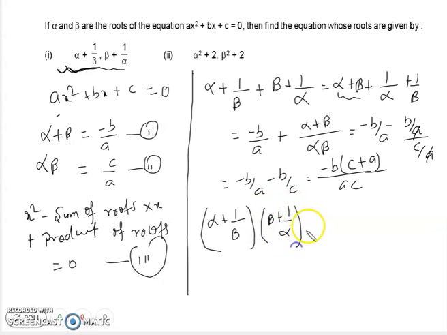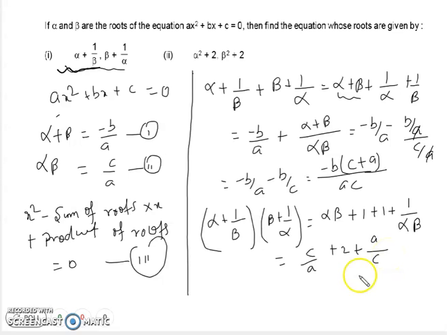And once we start multiplying, we can write alpha beta, and it will become plus 1, and also plus 1, and now alpha times 1 by alpha and 1 by beta into 1 by beta, so you can write here 1 by alpha beta, right? This is very simple, and alpha beta equal to c by a, guys, and plus 2, and 1 by c by a, so it will become a by c, right? Okay, are you getting my points, guys?